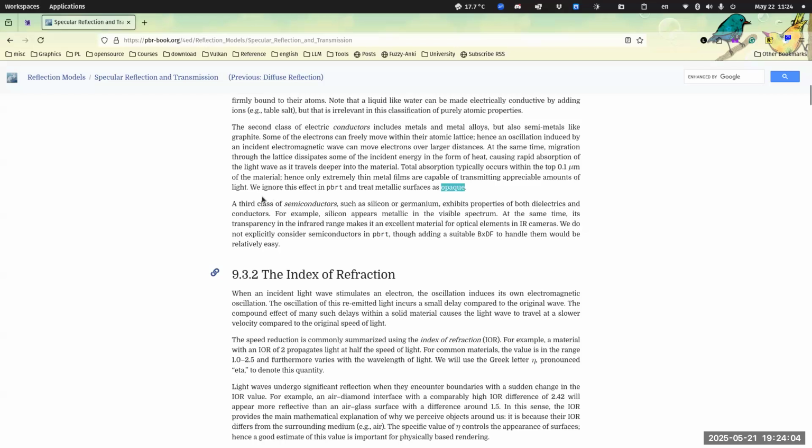And the third class is semiconductors, such as silicon, which exhibit properties of both dielectric and conductor. For example, silicon appears metallic in the visible spectrum. At the same time, it's transparent.